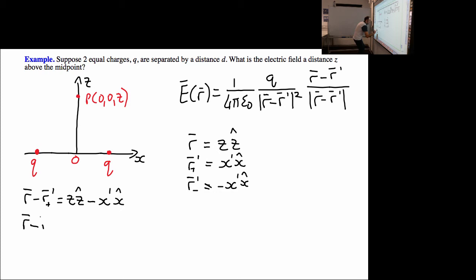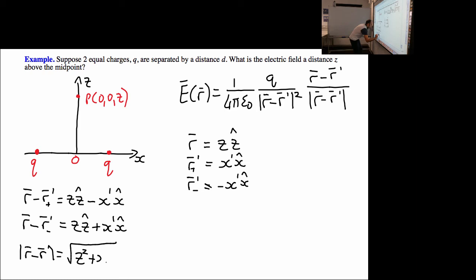We've got an r minus r prime on the negative side, which will be equal to z hat plus x prime x hat. And our magnitude of r minus r prime is going to be the square root of z squared plus x squared. And of course it's going to be the same for both sides.